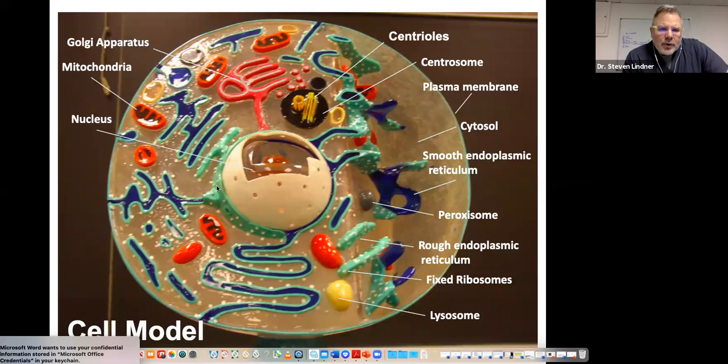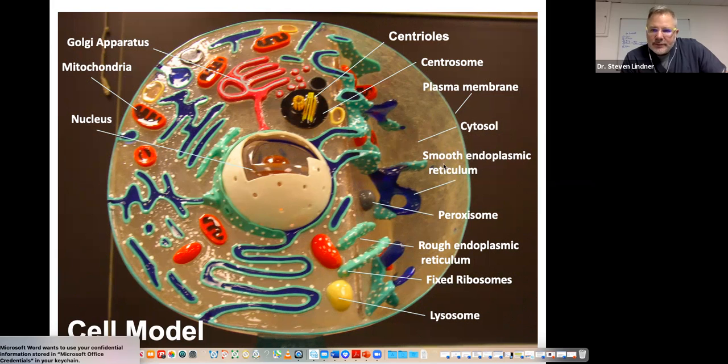Now we have this green-like membrane that is just outside of the nuclear envelope. And if we look at that, this entire structure is called the endoplasmic reticulum. The endoplasmic reticulum. But there are two types of endoplasmic reticulums.